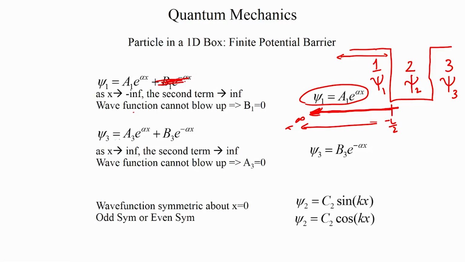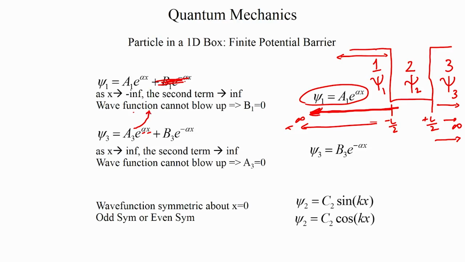Now, what about region 3? You can make the same argument here, but the only thing is that region 3 exists from plus L by 2 all the way till infinity. So, if you start moving towards plus infinity, you can't head towards minus infinity because that's not region 3. So psi 3 isn't valid if you're heading towards minus infinity. As you head towards plus infinity, what happens to these terms? Alpha is positive and you're heading towards plus infinity, therefore this term starts blowing up.